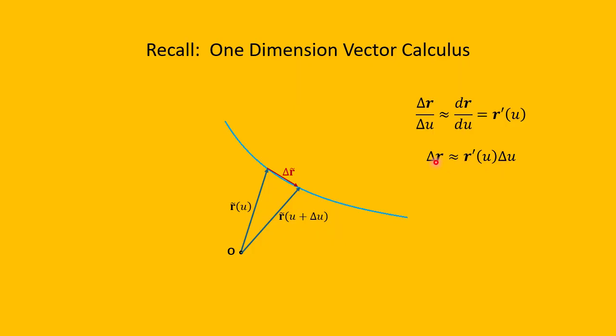So let's make sure that this makes sense. Delta r is a vector which is illustrated right here. R prime of u is also a vector, and we're multiplying that vector by a scalar. Often when people talk about linear algebra, they'll have scalar times vector, but we'll write it in this order.